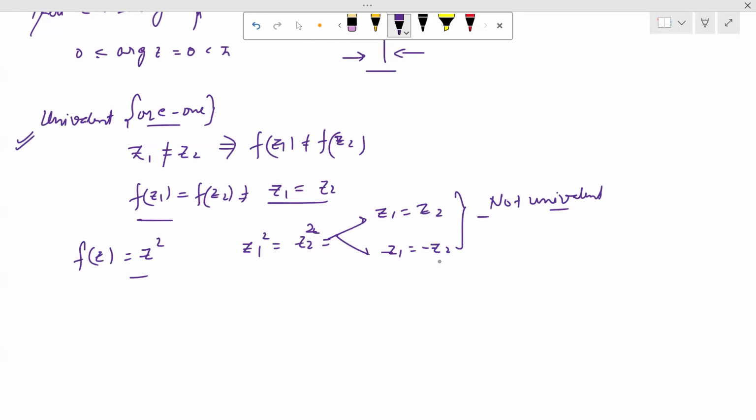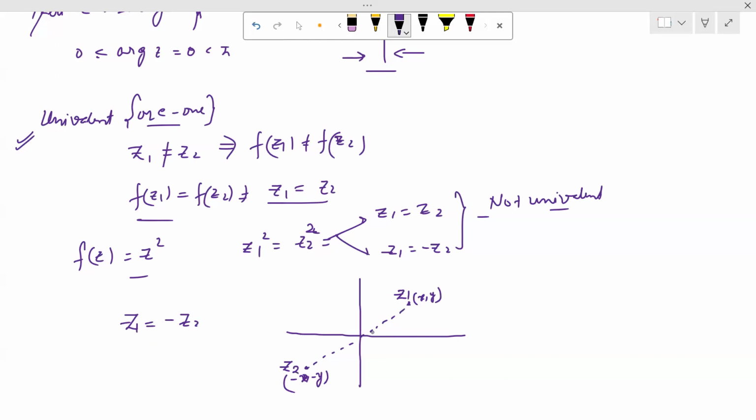Now, here one thing you need to observe is that the point Z1 is equal to minus Z2. What is minus Z2? If I write the point x comma y here, where would minus x comma minus y be? Here it would be. So if x comma y is here, minus x comma minus y is here. So clearly, if Z1 is this point, Z2 would be this point, because Z2 is minus Z1.